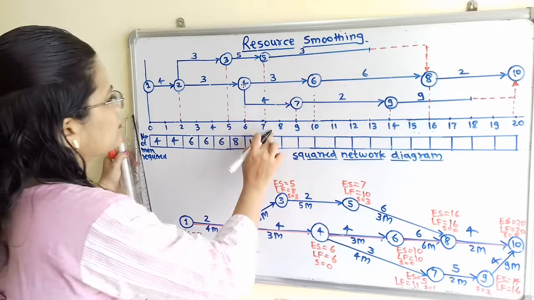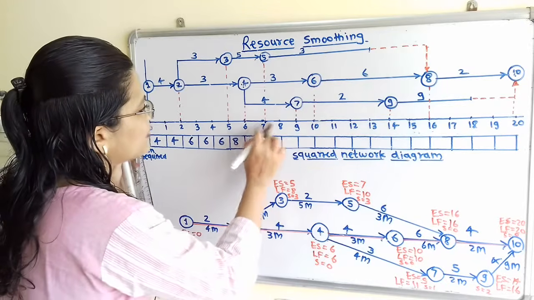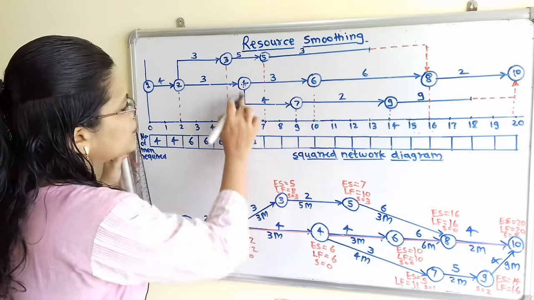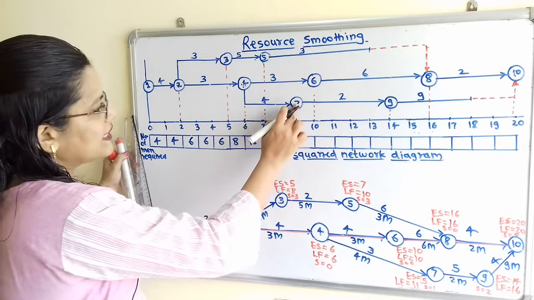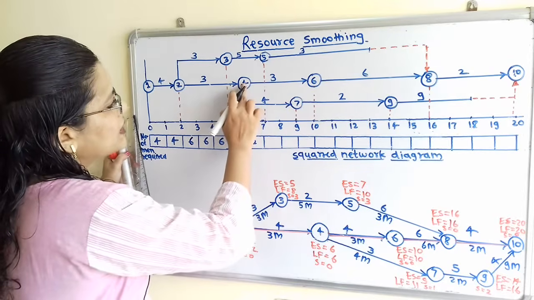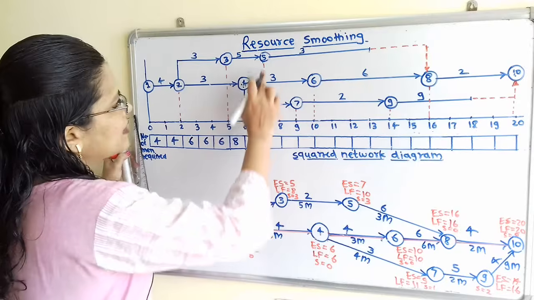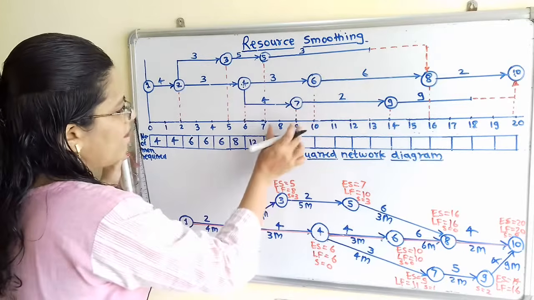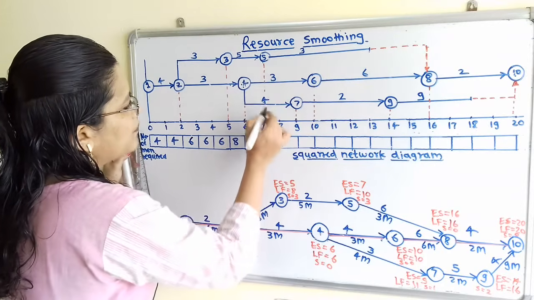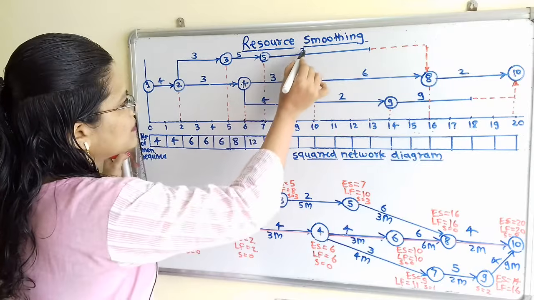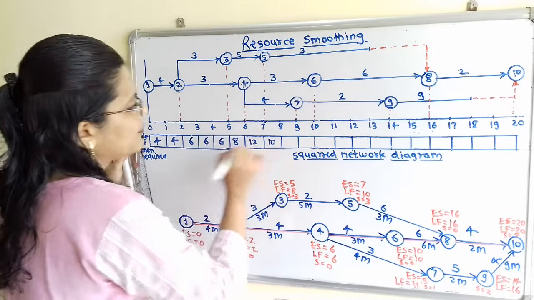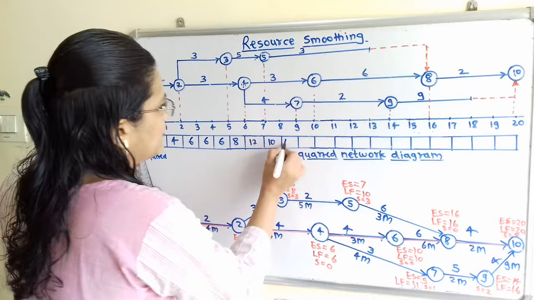Now next, so 7 to 9. So 7 to 9, if we observe here, this 4 to 7 activity is getting completed, but here activity 4 to 6 is there and 5 to 8 is there. So we will add all this manpower, that is 4 plus 3 plus 3, that is 10. Then here also 10.